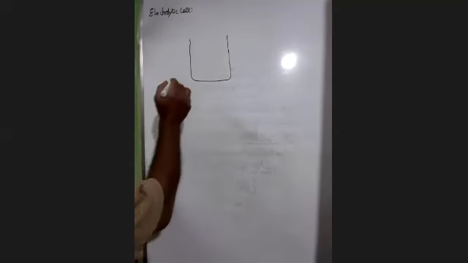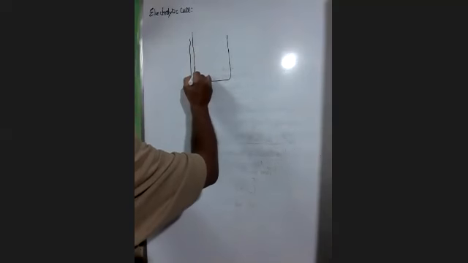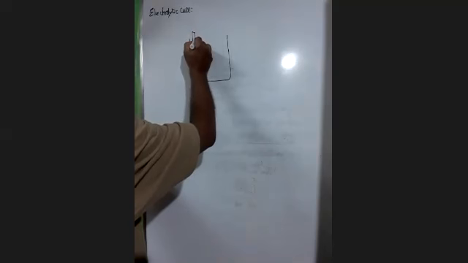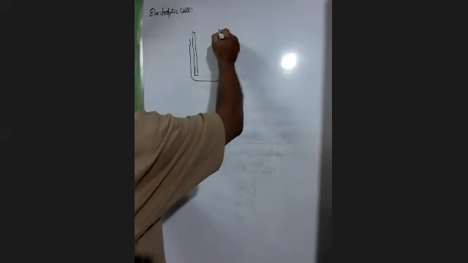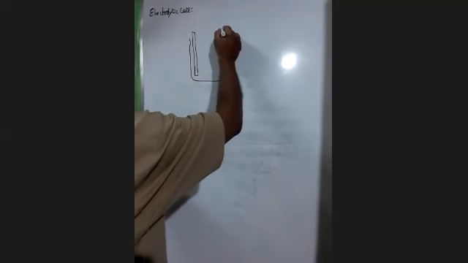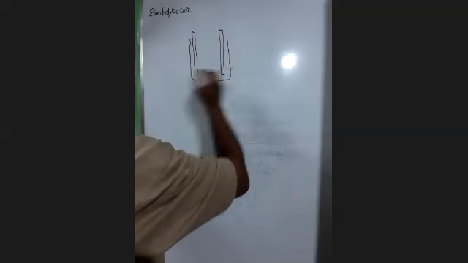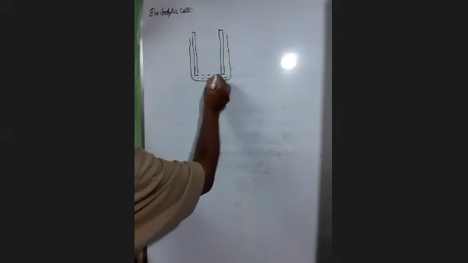Here you will put two electrodes. It may be just like a rod, or like a plate. So these are the two electrodes. And after that it is filled with electrolyte.